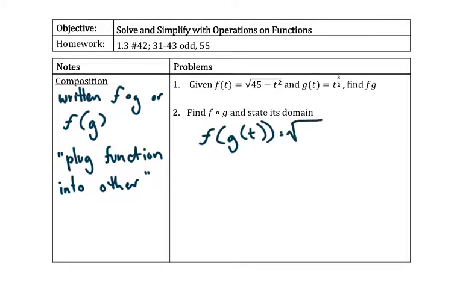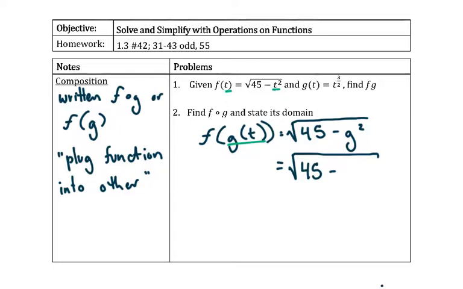You can say, okay, well, here's f, because that's the first function. And then instead of t, you're going to plug in g. So g squared. And then you can use the function here to plug that in. So in this case, root 45 minus t to the 3 halves squared, and simplify.